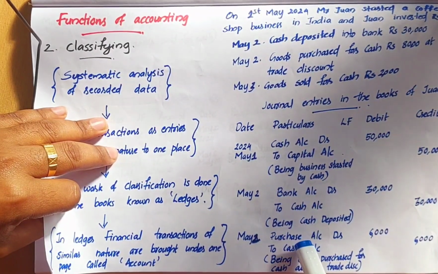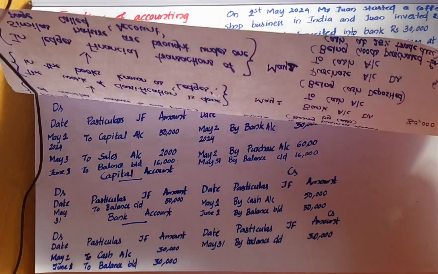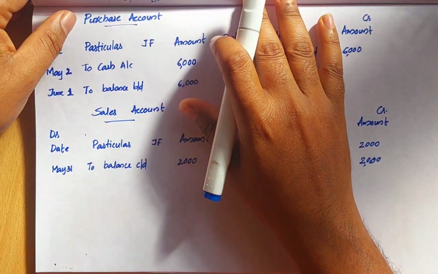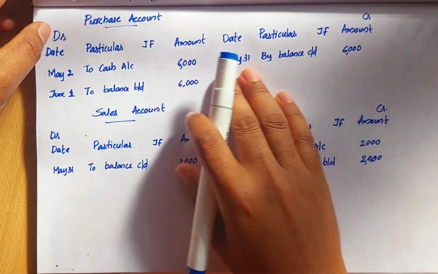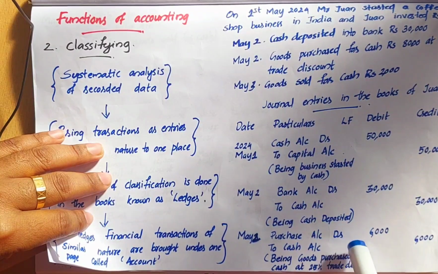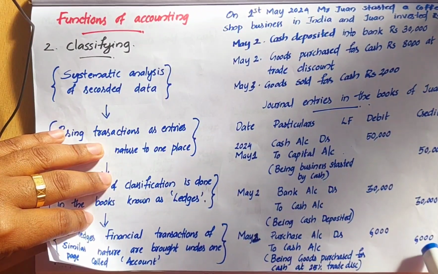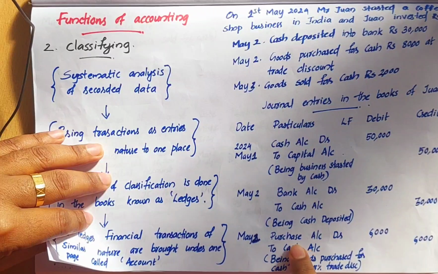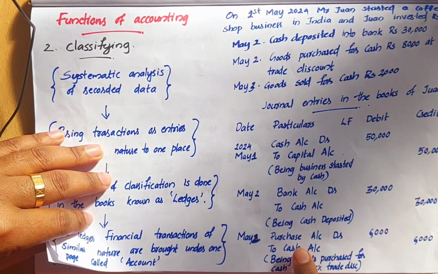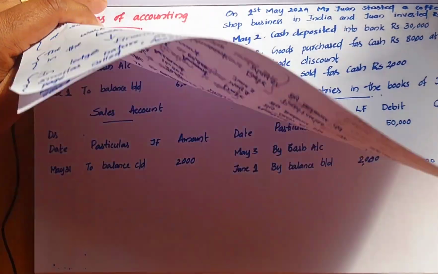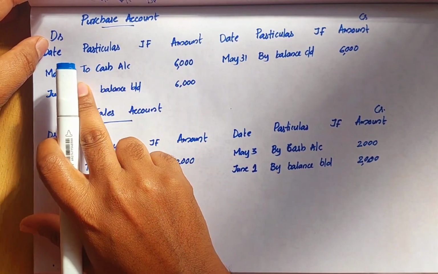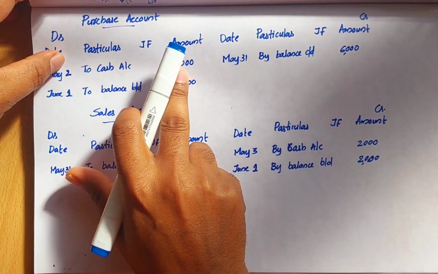Now we have the purchase account. The purchase account involved transaction is the purchase account debit on May 2nd. Purchase account debited 6,000 to cash account credited 6,000. So purchase account we are debiting, so we need to go to the debit side of the purchase account ledger, to cash account 6,000.